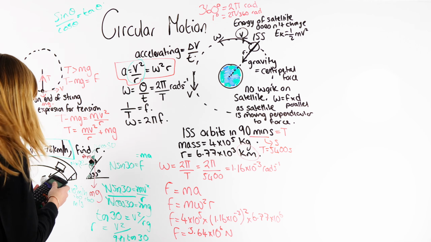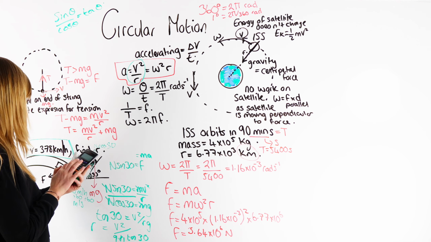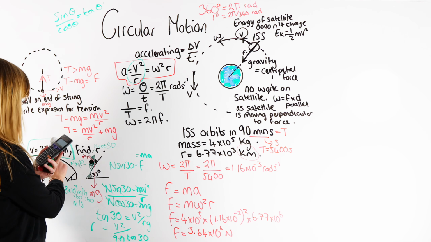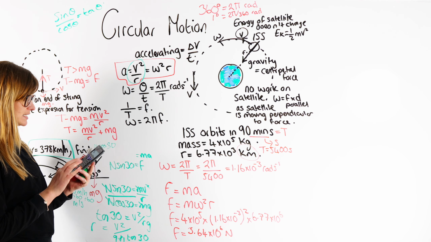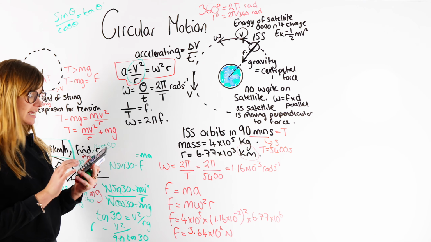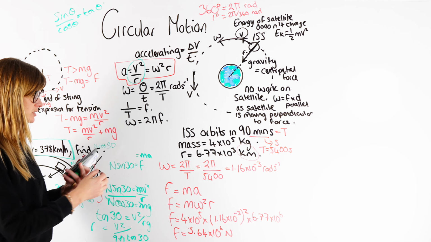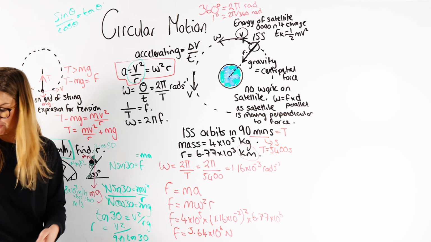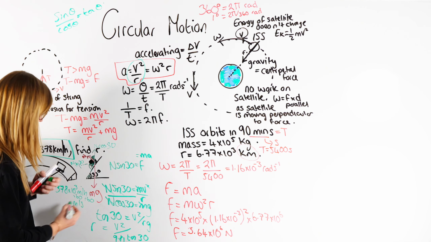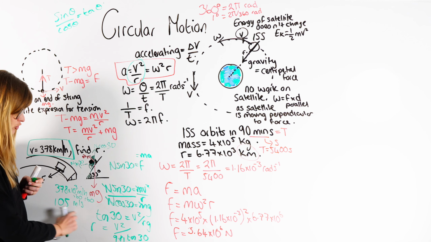So we'll do 378 times 10 to the power of 3 to get meters per hour. We'll divide by 60 to get it in meters per minute, and divide by 60 again to get into meters per second, which is 105. So that's going to equal 105 meters per second.